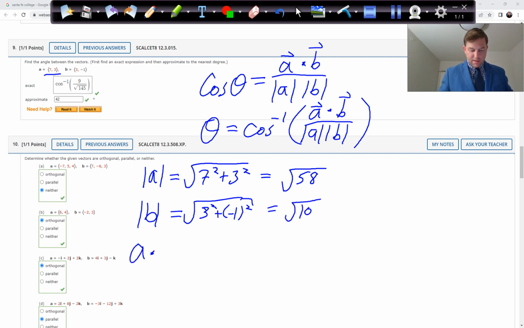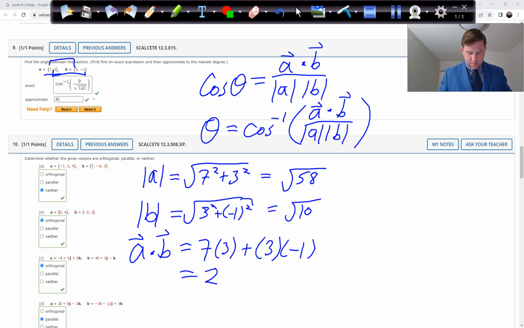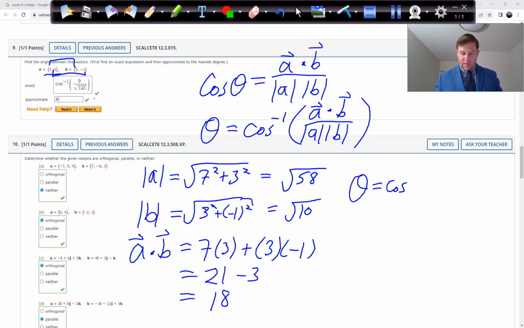Now, a dot b, the numerator, is going to equal 7 times 3 plus 3 times minus 1, 21 minus 3, which is 18. So we'll get theta is the arc cosine of 18 divided by the square root of 58 times the square root of 10.